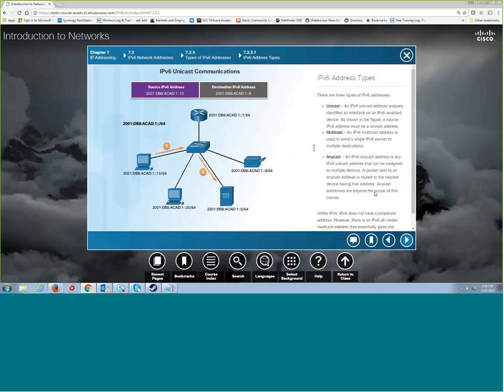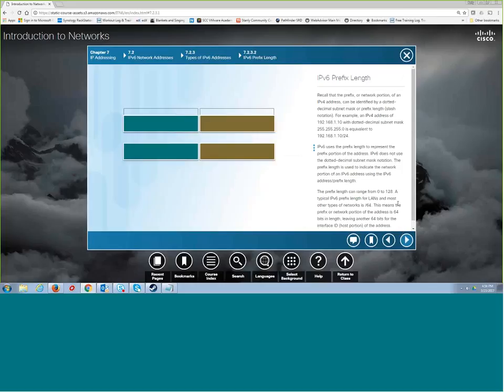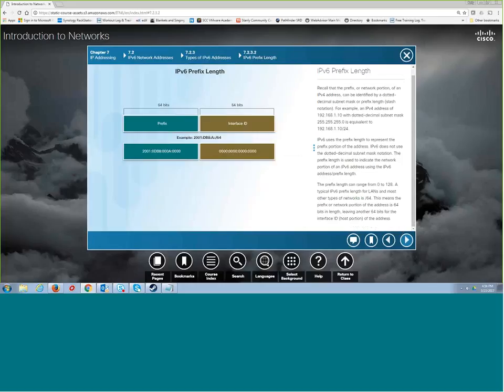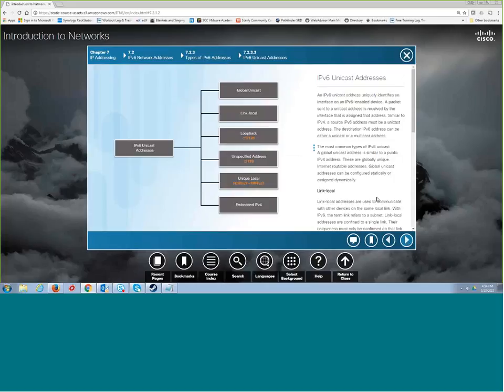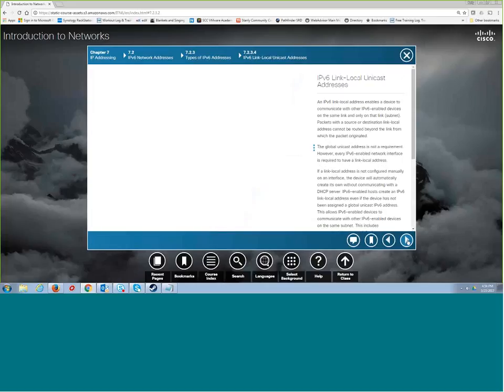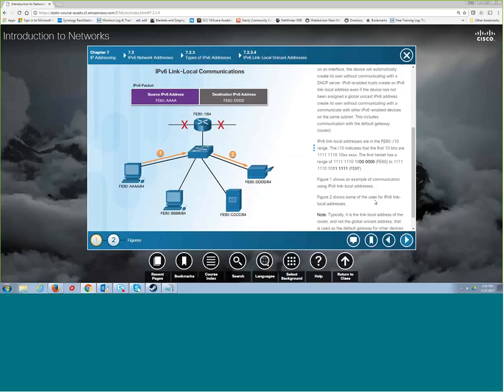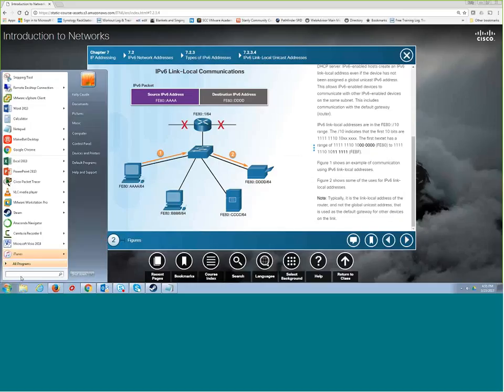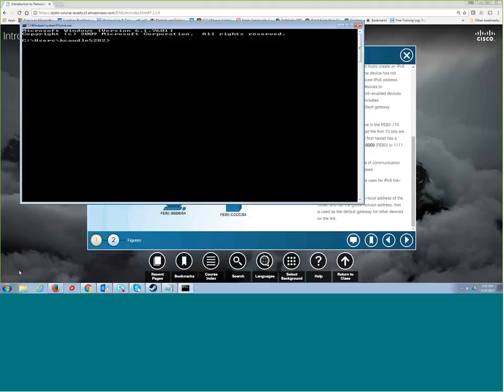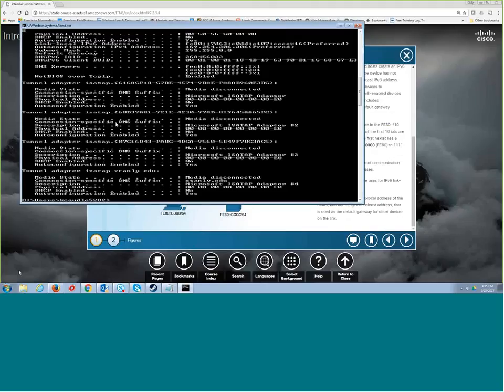But here we have obviously source destination IP addresses, just the same. Prefix length, here's your interface ID. Now, if we're using what's called EUI64, the MAC address is used to create that IP address. But Windows operating systems quickly stopped using that because they realized that there were some major issues with that.